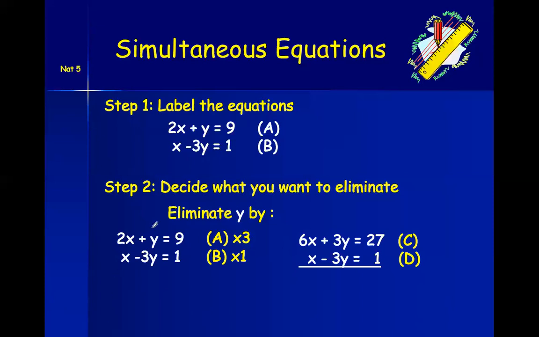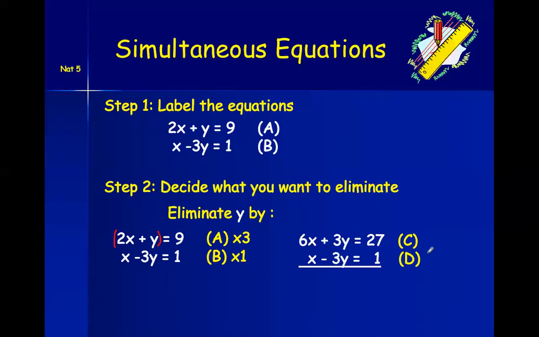I've just timed my equation by using the balancing method, this time multiplying instead of dividing, for example. But you need to times everything as if you had brackets here, okay? And that's why you've got 3 times 2x, which is 6x, 3 times y, which is 3y. We're going to call this new equation C.